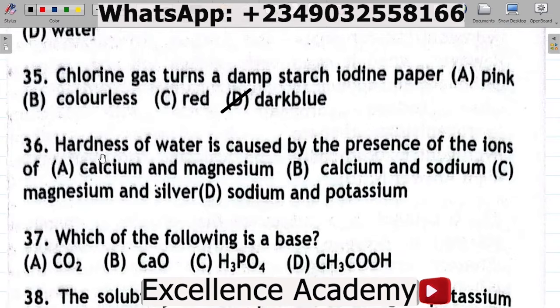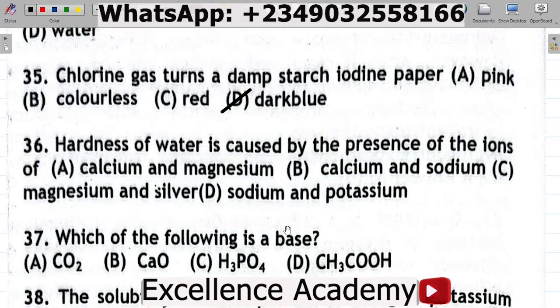Question 36. Hardness of water is caused by the presence of the ions of A. Calcium and magnesium, B. Calcium and sodium, C. Magnesium and silver, D. Sodium and potassium. All right. Now note that for this question, temporary hardness of water is caused by calcium and magnesium trioxocarbonate 4.